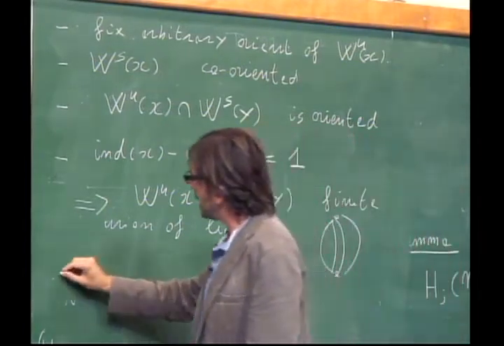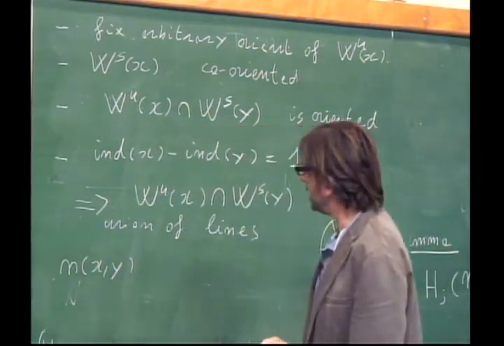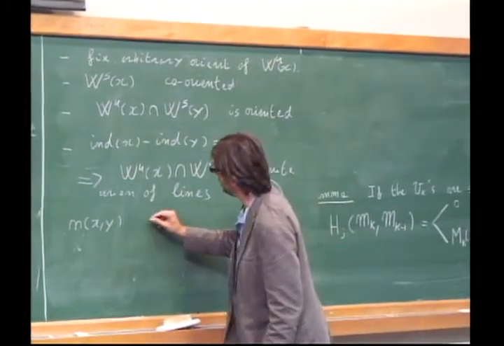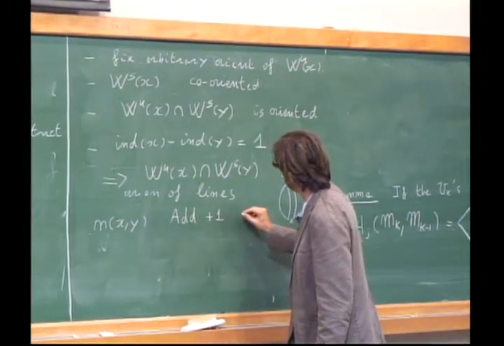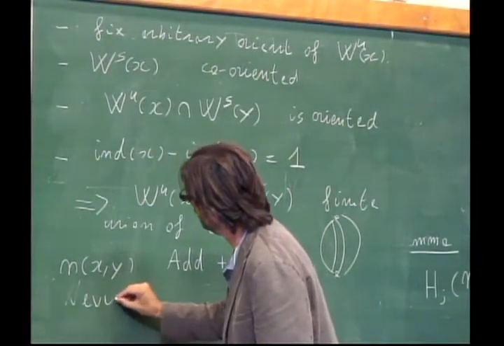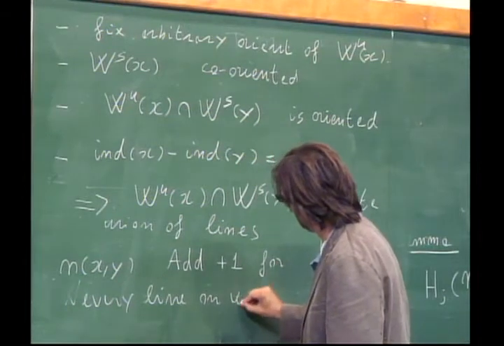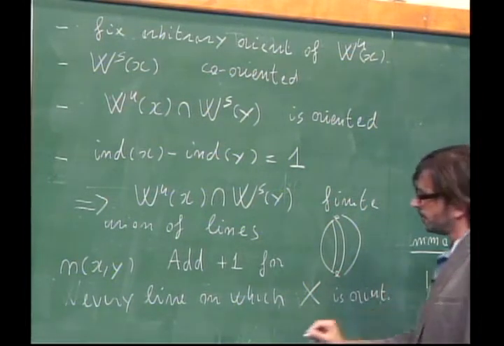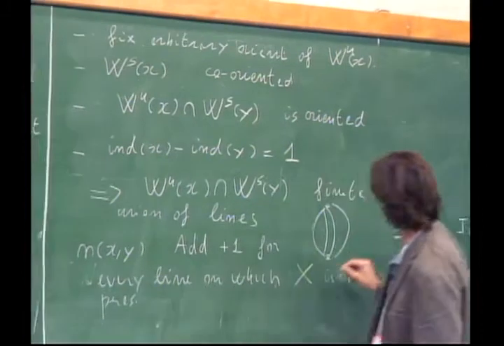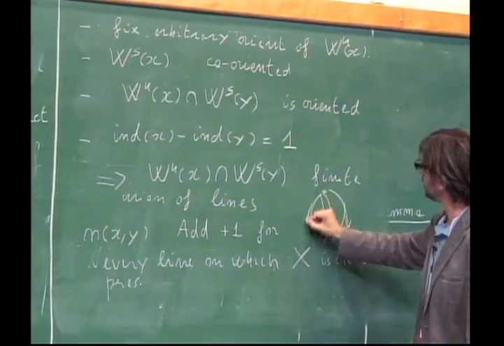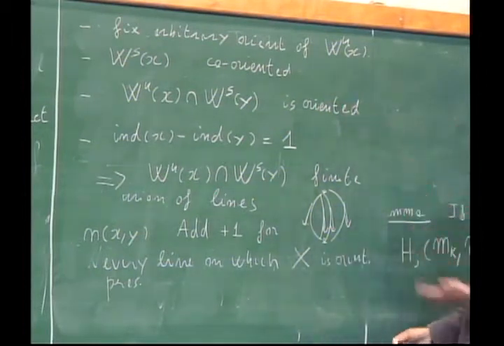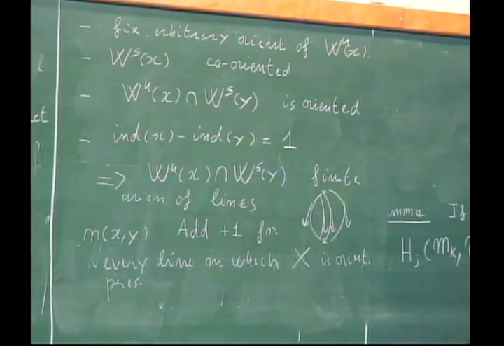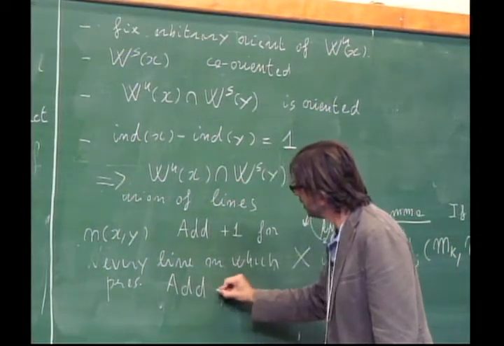And n_xy is obtained as the sum over every line: you add +1 for every line on which the vector field x is orientation preserving. The vector field x always goes down, but the orientation given by this recipe may be something else. Some of these are oriented down, some are oriented up, and you add 1 whenever it's orientation preserving, and you add -1 otherwise.